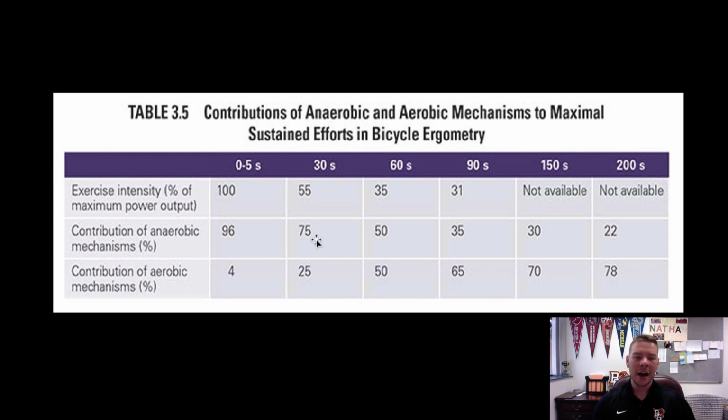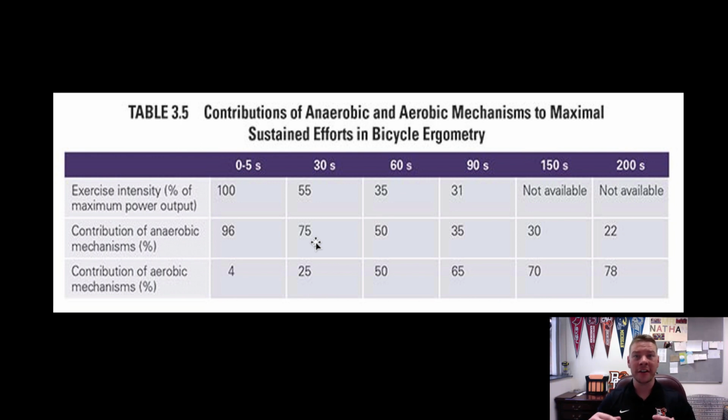All right. Now, look at the percentage of our anaerobic mechanisms. They've gone down to 75%. Because of the reasons we talked about, right? ATP-PCR doesn't last for very long, and our anaerobic or fast glycolysis is producing a lot of lactic acid, right?